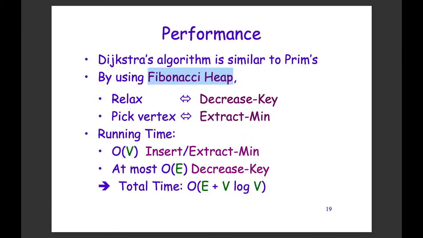Okay. So we have relax operations, which correspond to decrease key, order E relax operations. And then each time we will select the smallest vertex to be included. So they are exactly order V extract min operations.